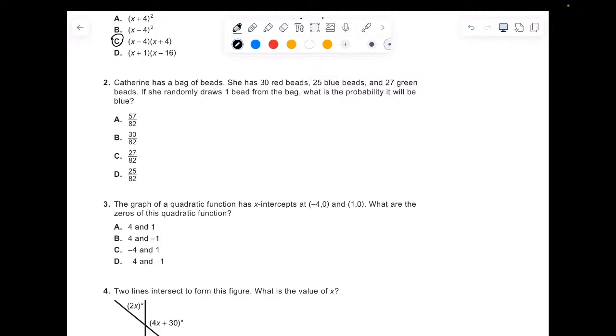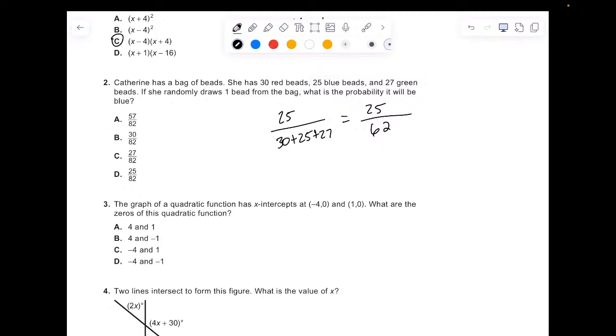Catherine has a bag of beads. She has 30 red beads, 25 blue beads, and 27 green beads. If she randomly draws one bead from the bag, what is the probability it will be blue? There are 25 blue beads, and then there are 30 plus 25 plus 27. I'm going to expose myself here. I am not good at mental math.